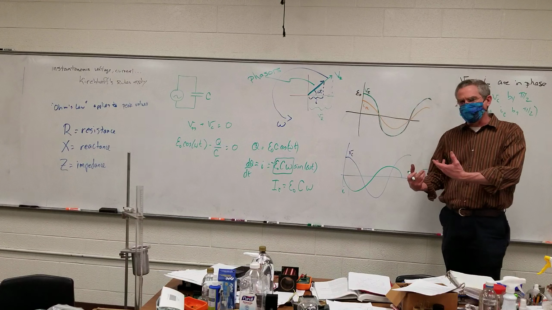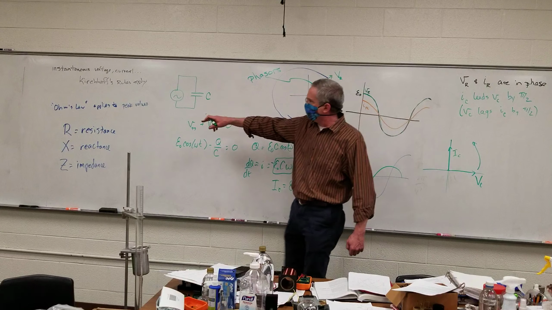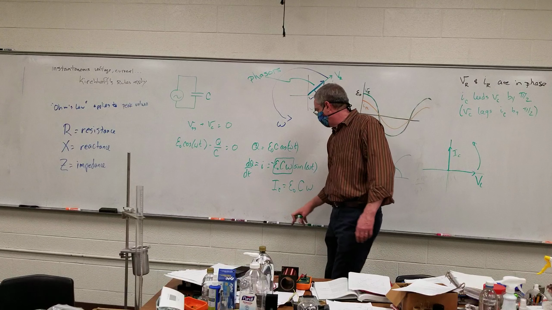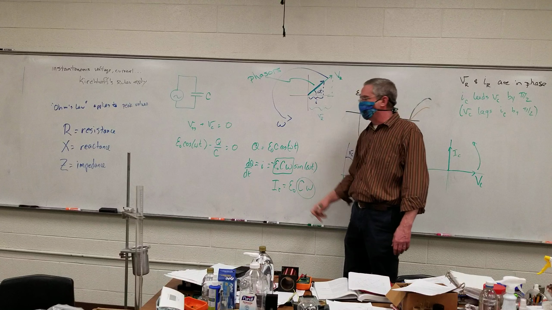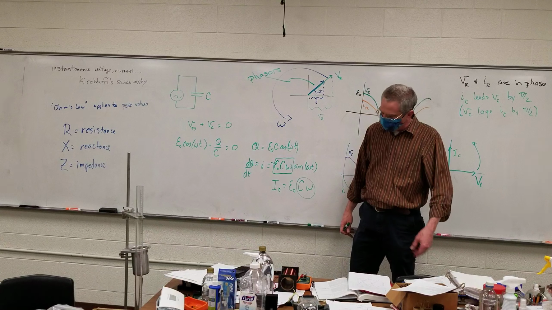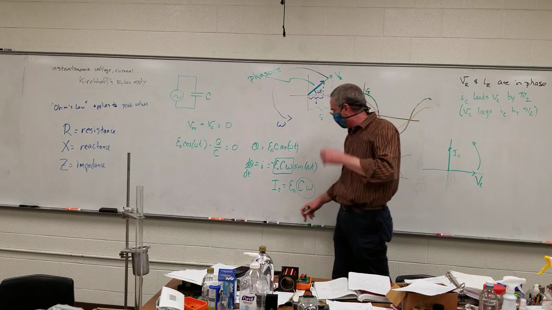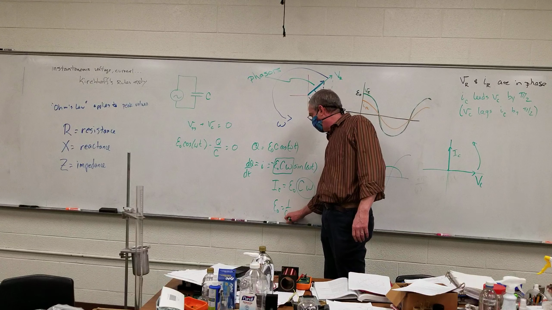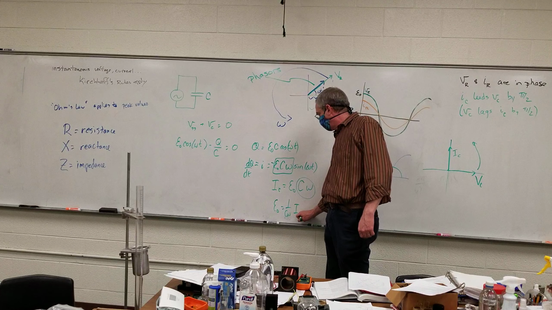I want to get voltage all by itself because I want something that looks kind of like Ohm's law. So take your C omega, bring it over to the other side, and I have epsilon sub naught equals 1 over C omega times I sub C.